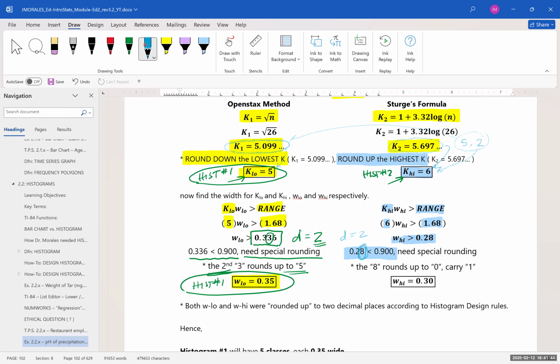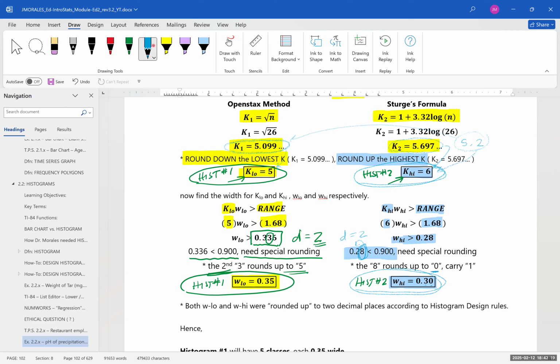Because it's an 8, we're going to round that 8 up to a 10, which means we're going to put a 0 in the 8's place and carry the 1. So we carry the 1 over, and the 2 will become a 3, and where the 8 was is a 0. So that rounds up to 0.3. So histogram 2 is going to have 6 classes, each that are 0.3 wide.